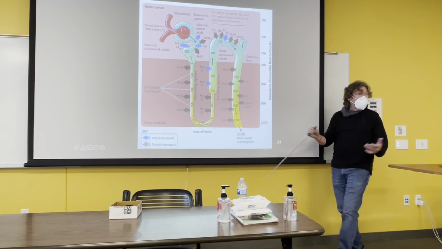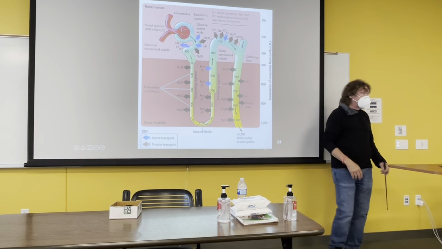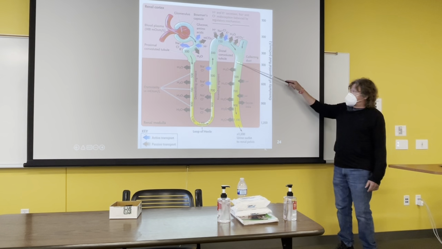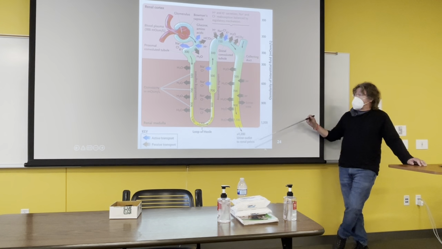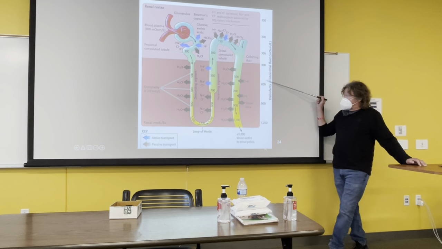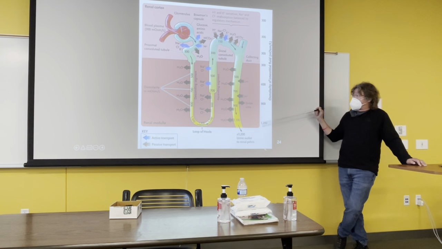Now, what's been happening with urea along here? First of all, it was very dilute up here. But as we remove more and more water, by the time we get down here, urea is pretty concentrated. And it can be allowed to leak out. So that contributes to this gradient in the medulla.